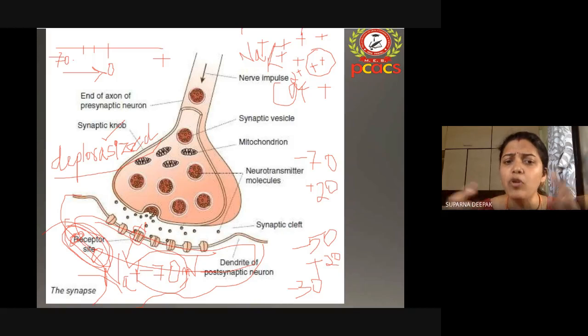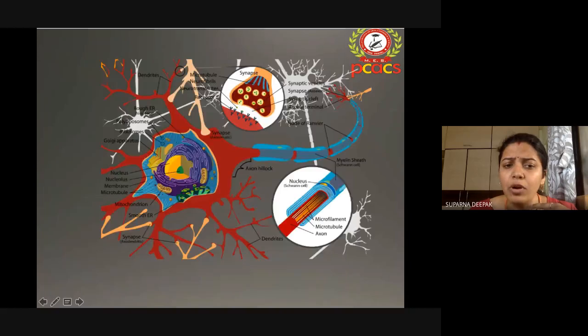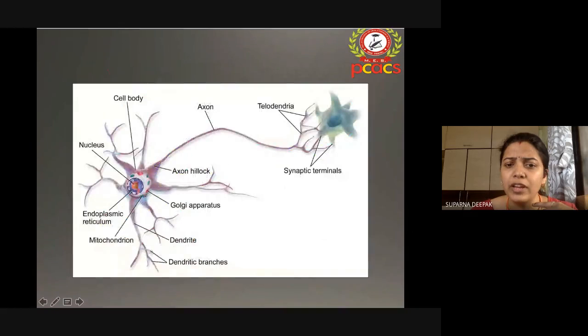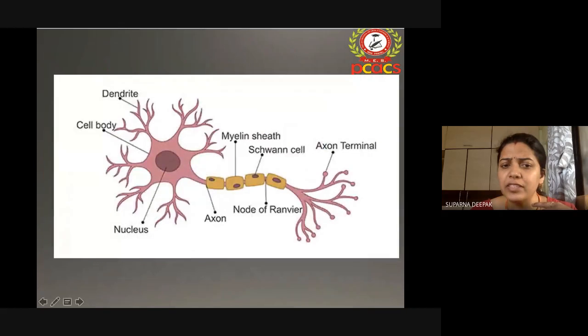More positive ions will come inside. Initially your receptors got bound here, but now slowly that depolarization travels from this dendrite.